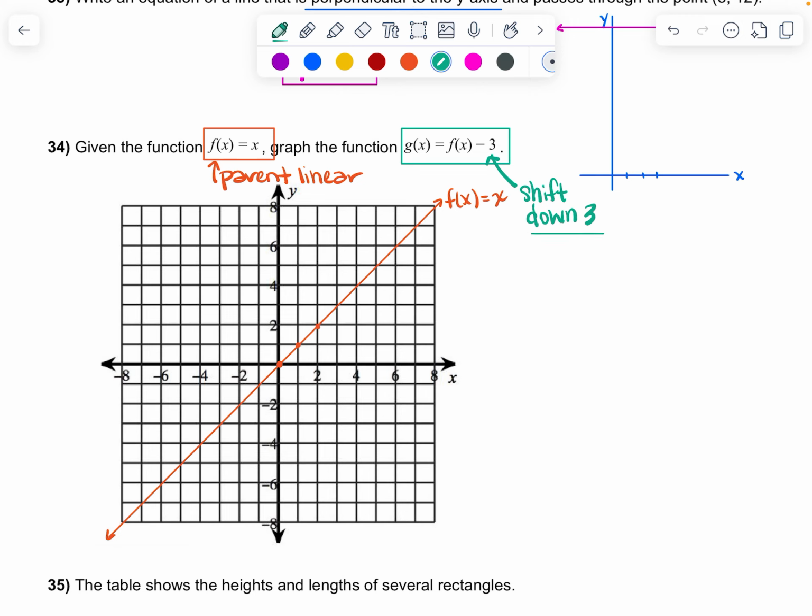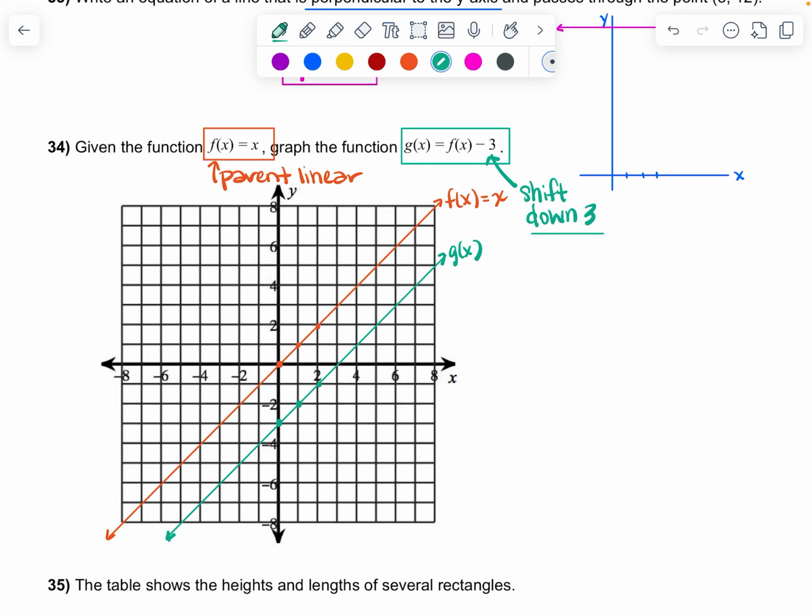So literally all we have to do is just take this original line that we graphed and move every point down 3. I still have a slope of up 1 over 1. I've just moved everybody down 3 units. So there is our new g of x function.